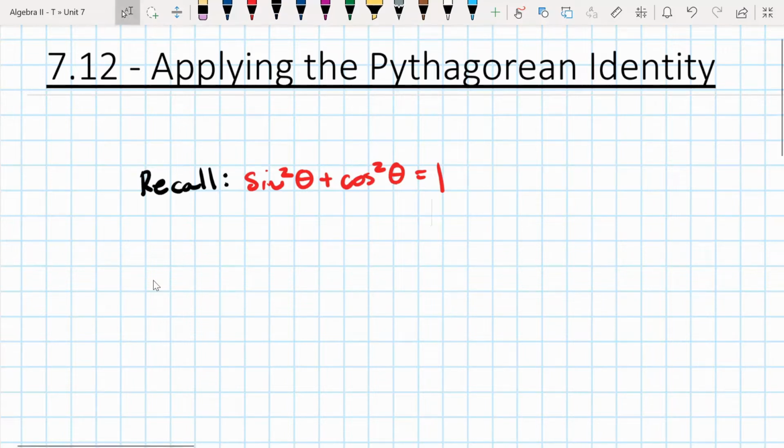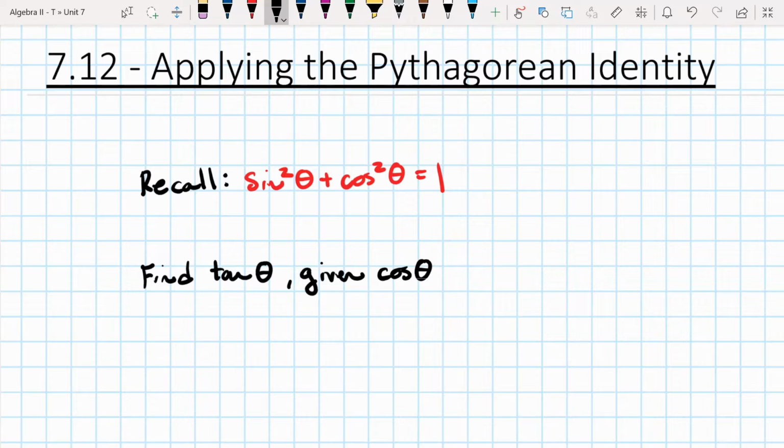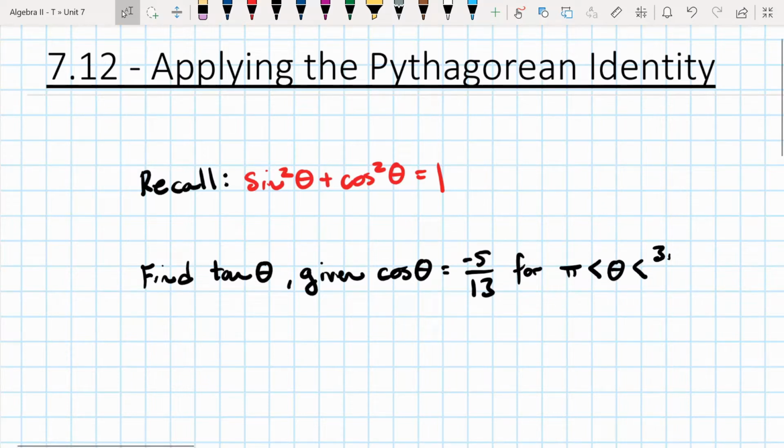Okay, so we want to find tan of theta given that cosine of theta is equal to -5/13 for pi is less than theta, which is less than 3π/2. So theta is between pi and 3π/2.